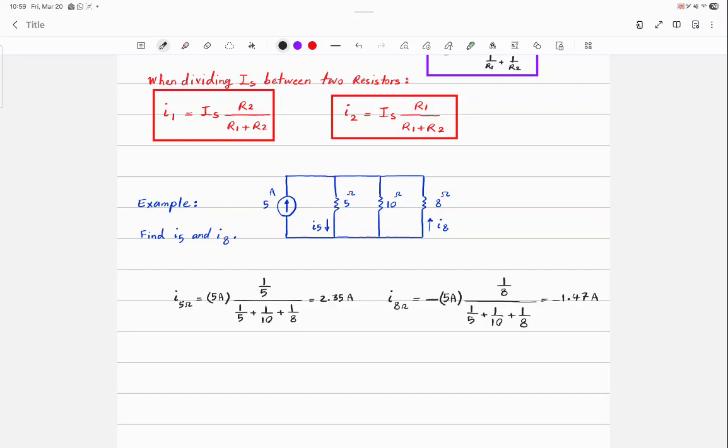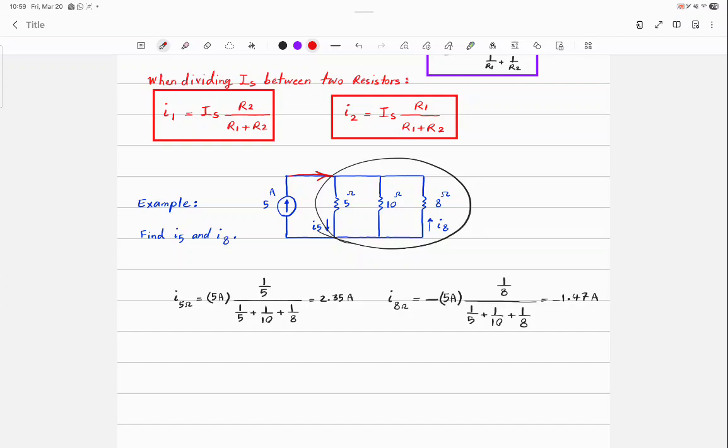Okay, see, do you agree that the 5 amps is going into the top terminal of the combination of these three? But let's go inside the combination. That 5 amps is going to be divided between 3 paths.